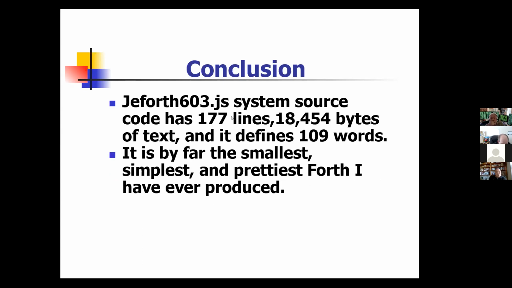So the jeforth 613 system code has only 177 lines and 18 kilobytes of text, and it defines 109 words. It is by far the smallest, the simplest, and the prettiest Forth I have ever produced.